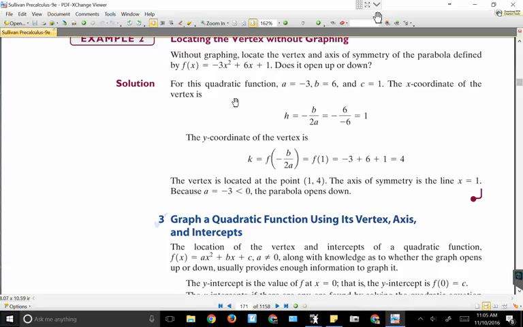Okay. Now it says the axis of the line of symmetry is at 1. Okay, that's nice to know. But also because a is equal to negative 3, I have a negative going on there. That means that it's going to be reflecting it, correct? It's not going to open up. It's going to force it to go down. Another way of taking it.